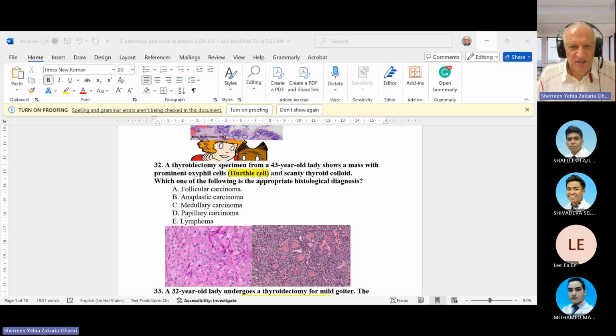Does anyone know which carcinoma of the thyroid can give these Hurthle cells? Okay, so this is a variation of follicular carcinoma. The aggressive type of follicular carcinoma is called Hurthle cell. So it is a variety of follicular carcinoma.